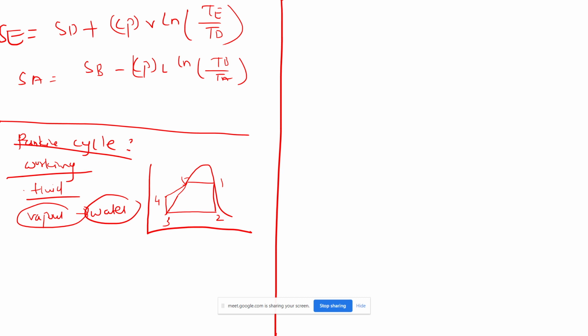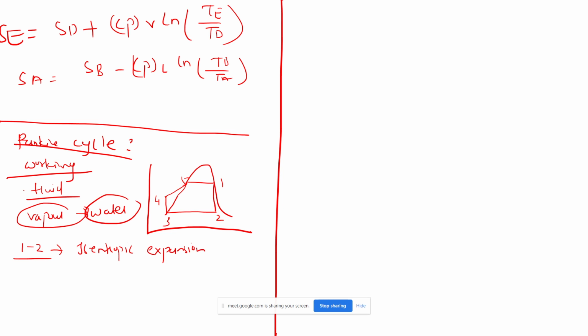All the processes, that is, isentropic expansion, heat addition at constant pressure, will remain the same in case of both the cycles.